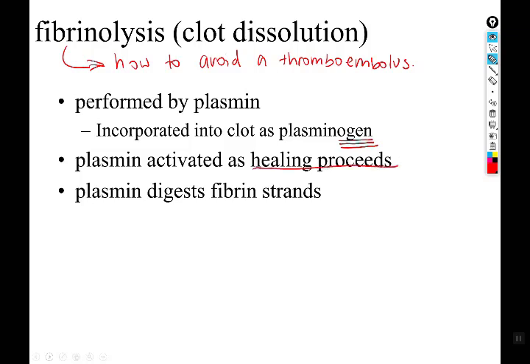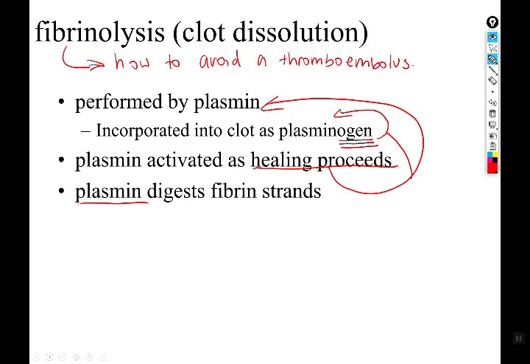So as healing proceeds, feedback from healing, things like growth factors, mitotic factors, etc., begin to convert plasminogen to plasmin. Plasmin digests fibrin strands and basically undoes the clot.